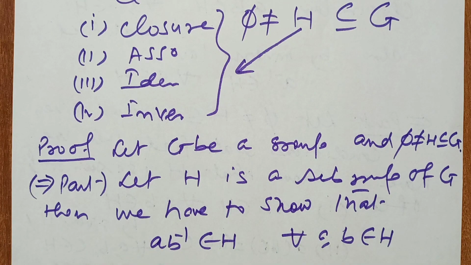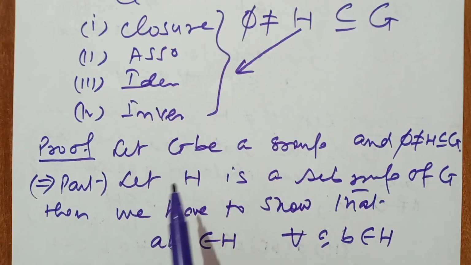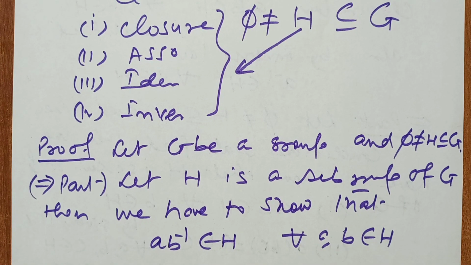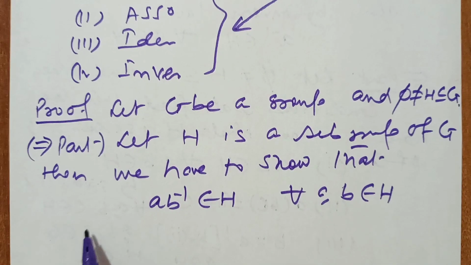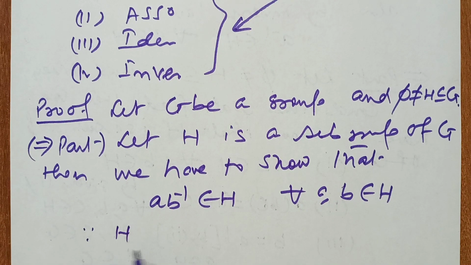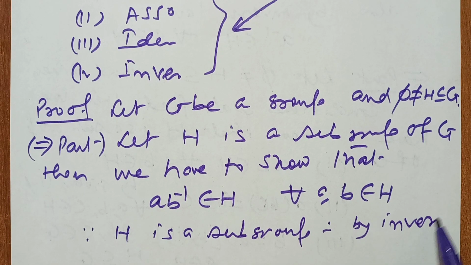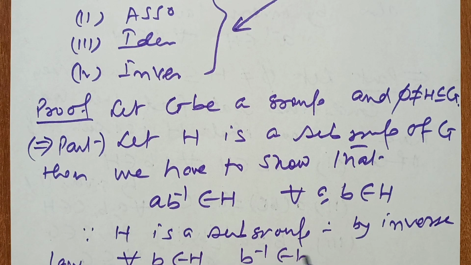Since H has four properties, closure, associative, identity, and inverse, we only think about what we prove: AB inverse. So first, since H is a subgroup, therefore by the inverse axiom or inverse law, for every B belonging to H, B inverse is in H.